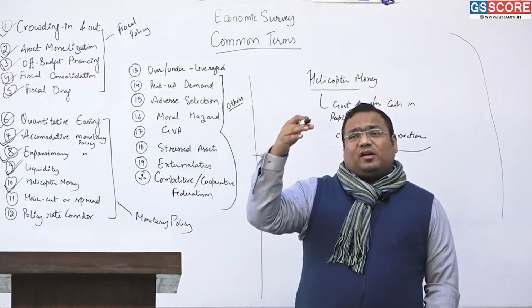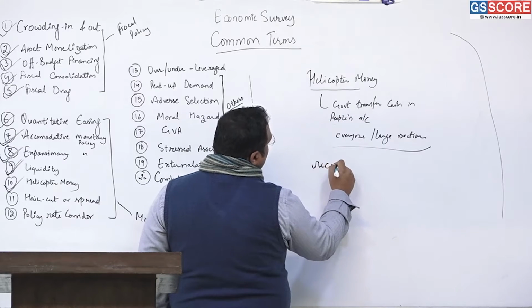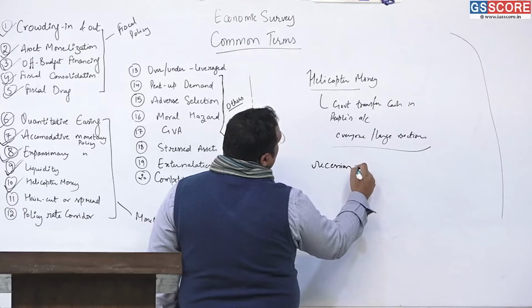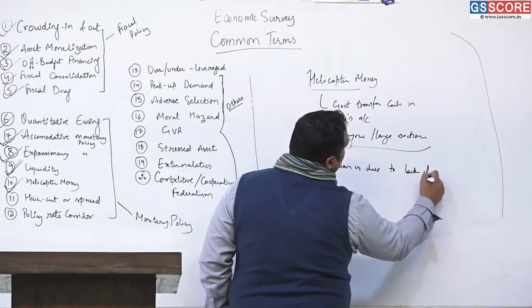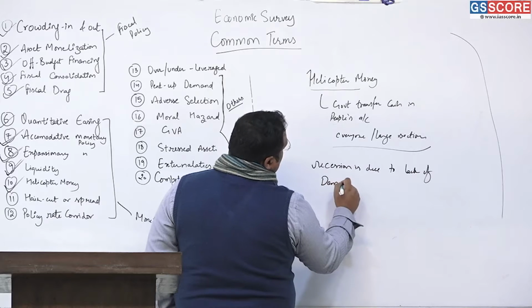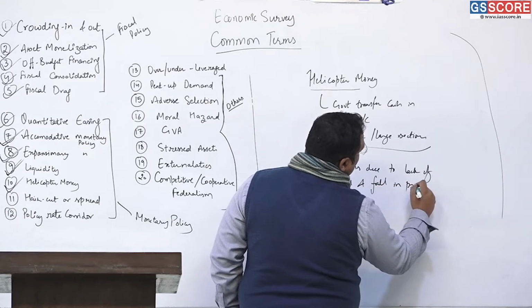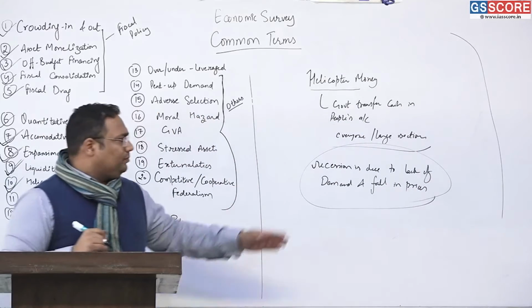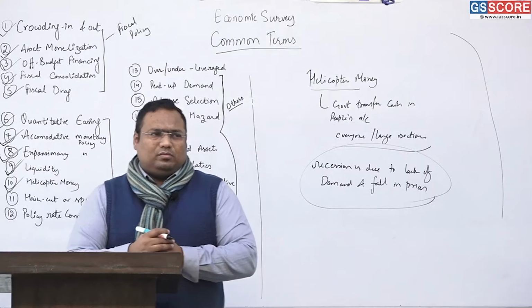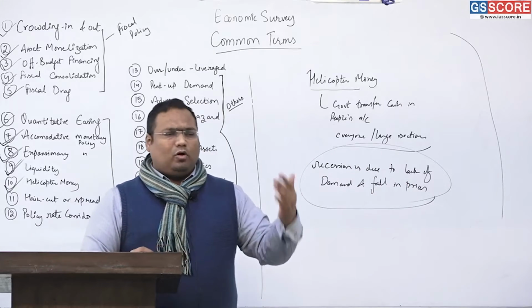when prices are decreasing, the recession is due to lack of demand and a fall in prices. How does such a recession happen? For example, for some reason, say some event, there is a small fall in prices.